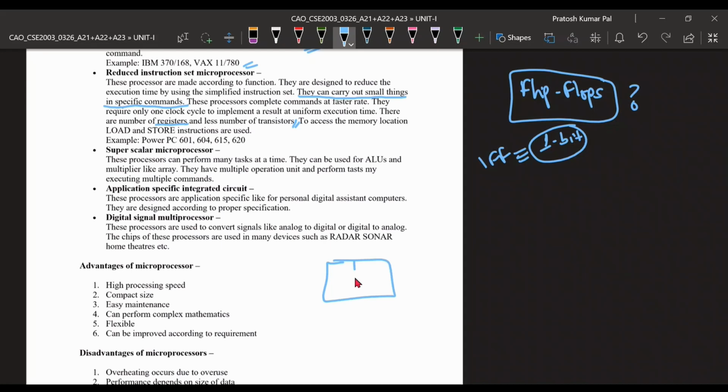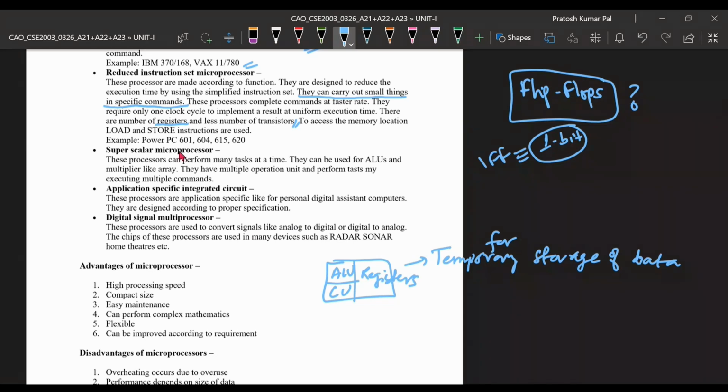In the CPU we have seen the ALU and the control unit, and along with this there are registers. These registers are used for temporary storage of data. One flip-flop can store one bit of data.